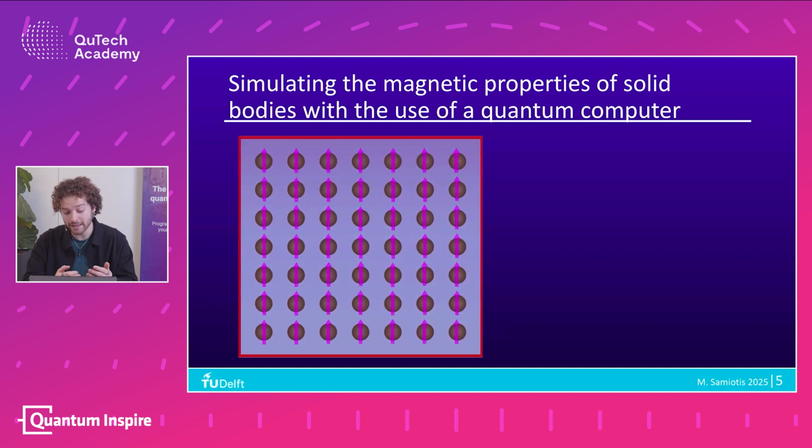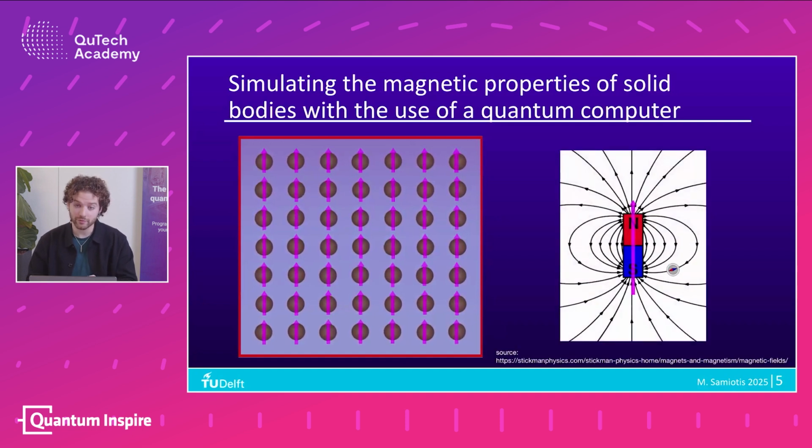In the case that all of these are aligned in the same direction, this is what we call a ferromagnet. This gives rise to ferromagnetism, an effect that is basically explained from quantum physics via this mechanism.